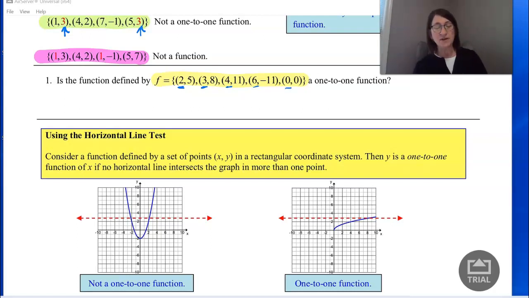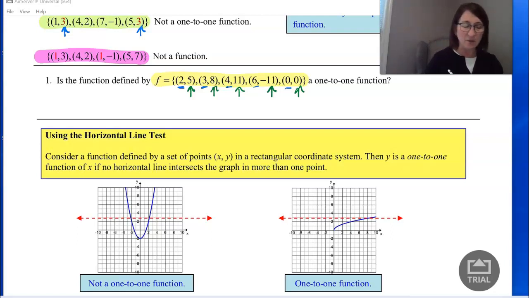Okay, 2, 3, 4, 6, and 0. Then I look at my y's, and I see 5, 8, 11, -11, and 0. So none of my y's are repeated. So x's not repeated.